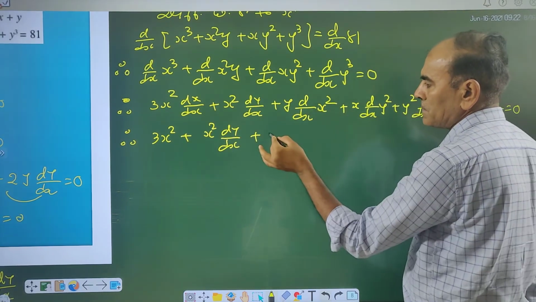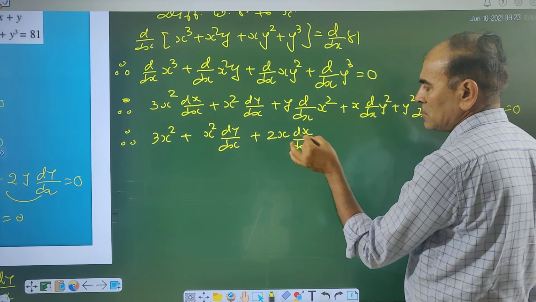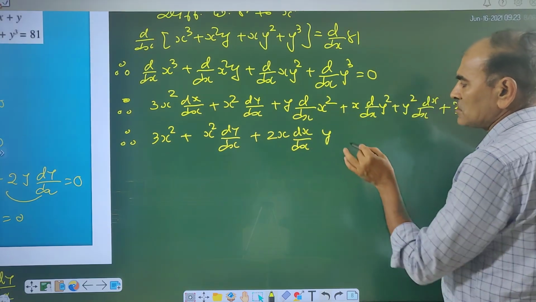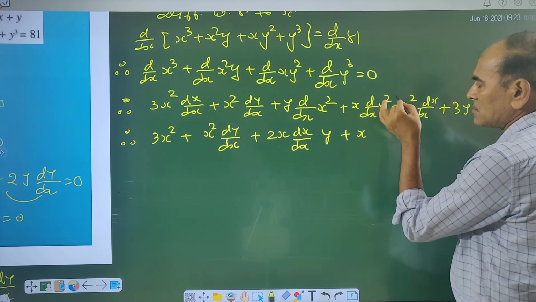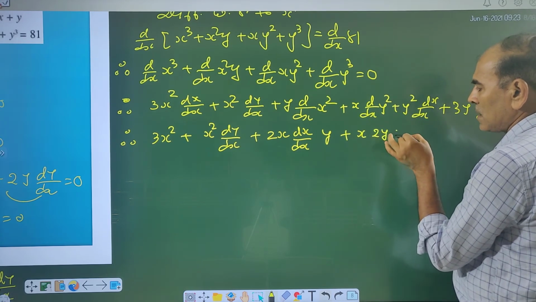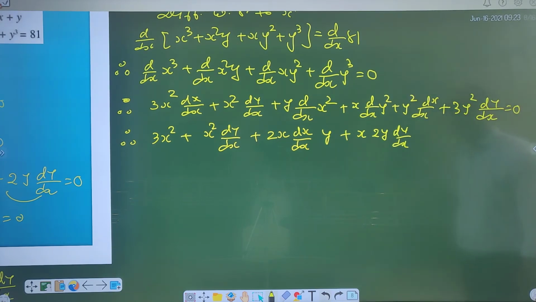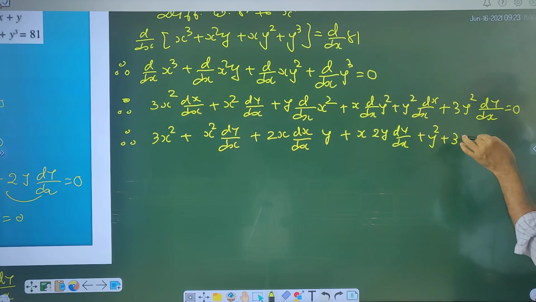Here x squared, so 2x is some function square, 2 times some function dy by dx of some function. Y as it is. Now x as it is, some function square to y equal to d by dx of some function. This comes out y square and this comes out 3y square divided by dx is equal to 0.